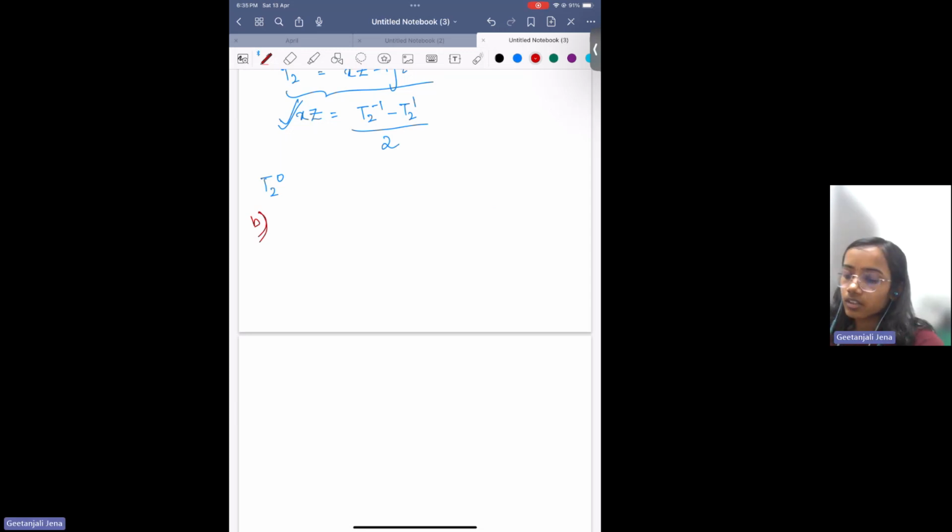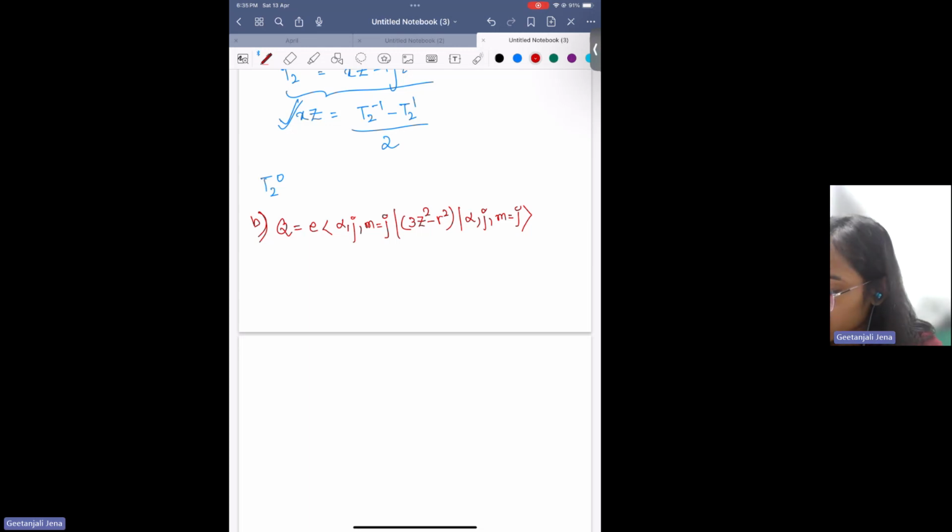So for the B part, we are given Q as the expectation value of alpha J m equal to J, 3z square minus r square, alpha J m equal to J. So this is given to us.